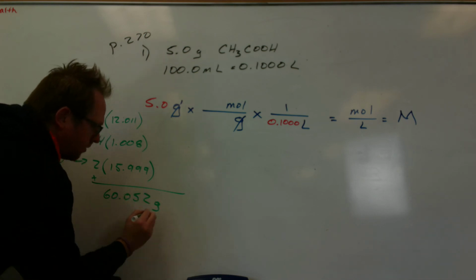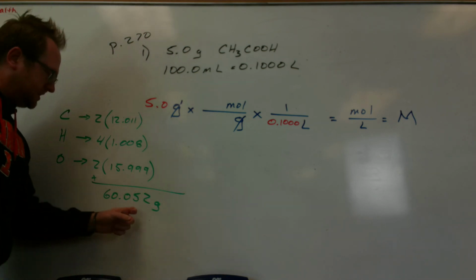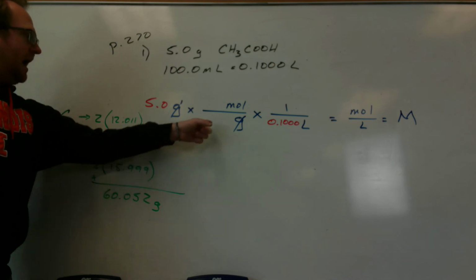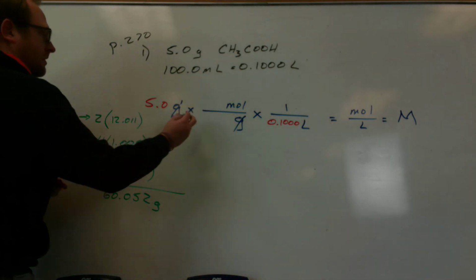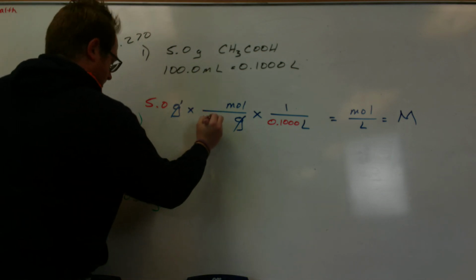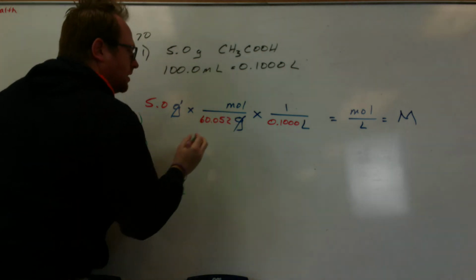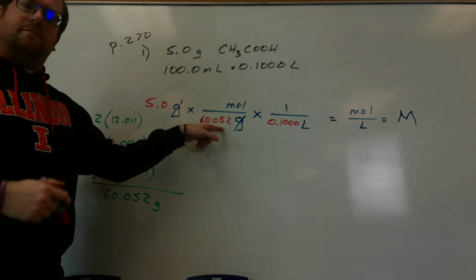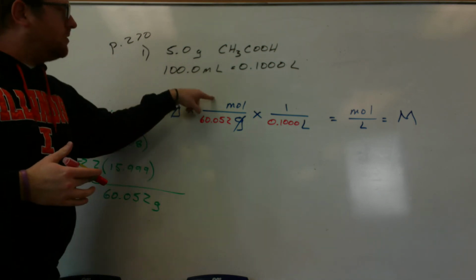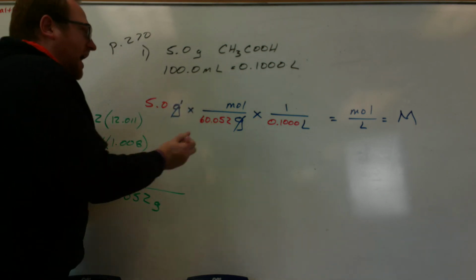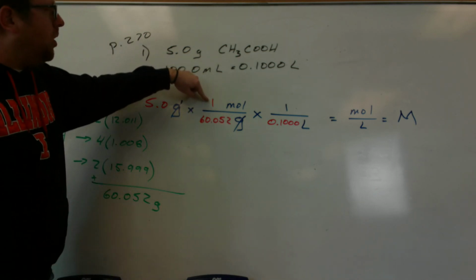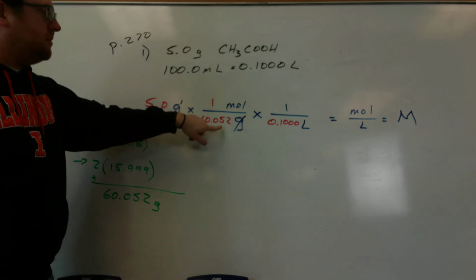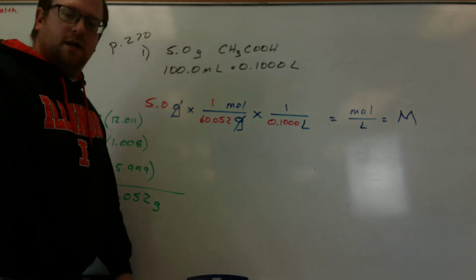Remember, this is grams. Since this is grams, that tells me right where I need to put it. I'm going to put it right here, and that's the number of grams in every mole. So what number do I need to write up here with the moles? I need to write a 1, because 1 mole of acetic acid is 60.052 grams.